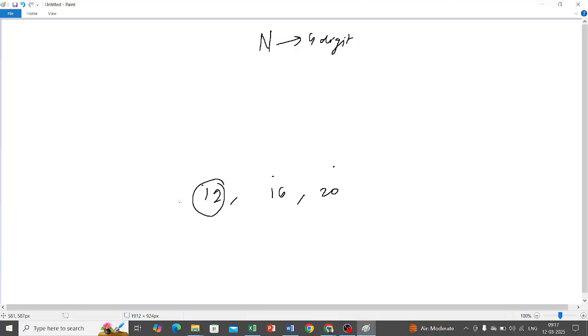So what you will do? You will find out the LCM of these numbers. Now LCM, as I told you, is the smallest number which is divisible by each of the three of them. Now I don't need to divide this 4-digit number individually by 12, 16 and 20.